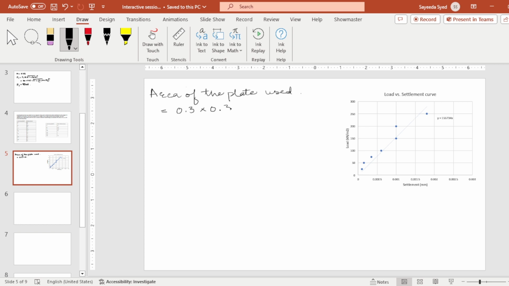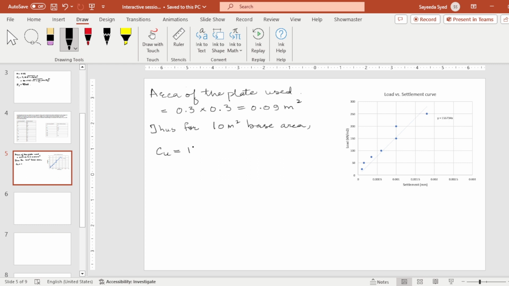Thus, for 10 meter square base area, Cu equals 15 into 10 to the power 4 into square root of 0.09 over 10.